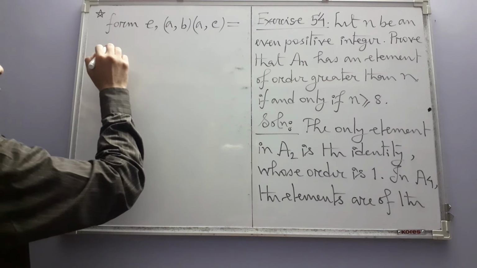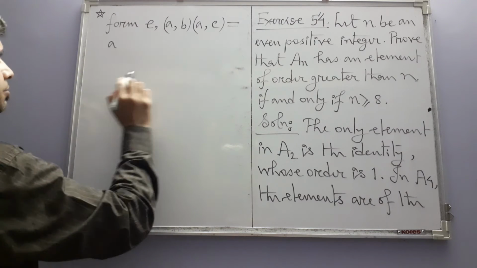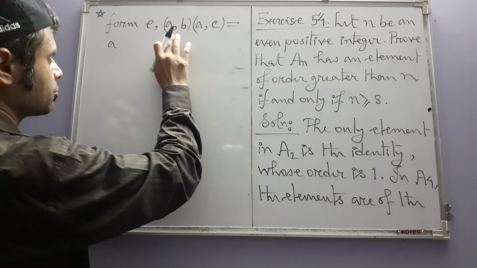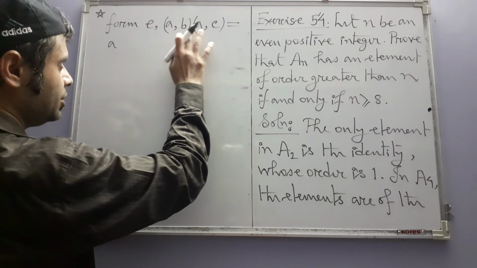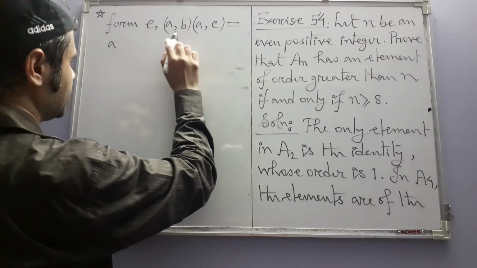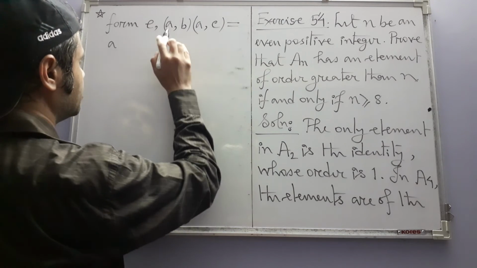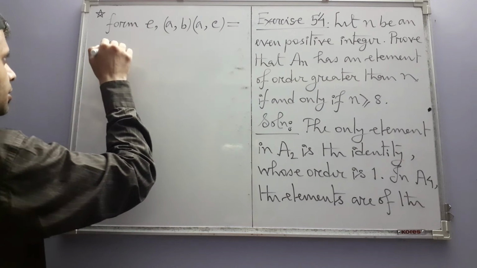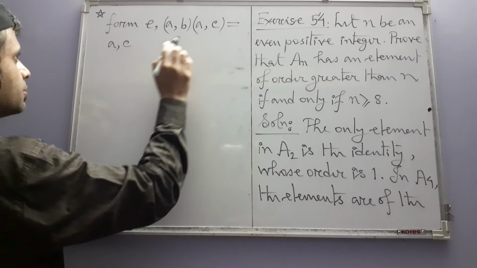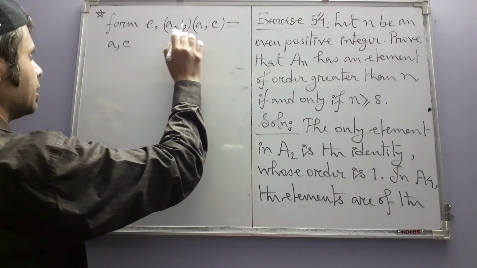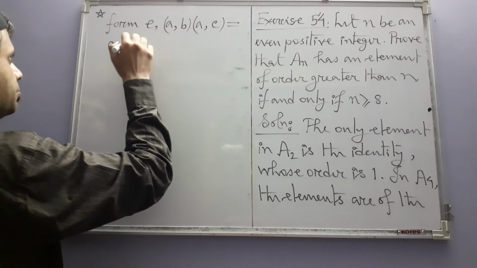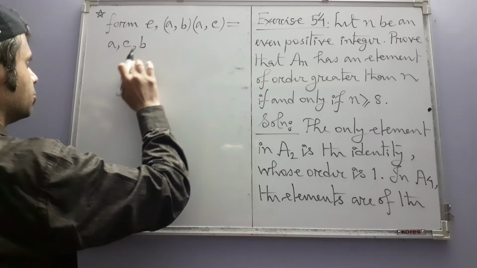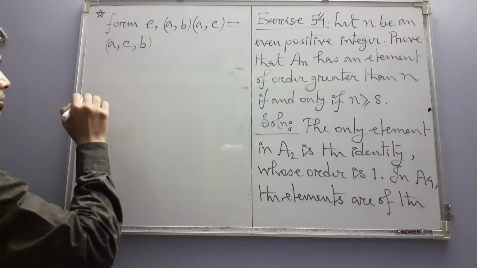Let us quickly calculate. Here we are not going to say anything more about these symbols, only that A, B and C are different symbols. So A goes to C and then C is unchanged by this, so AC, then C goes to A, and then this one sends A to B, then this one does not affect B, this one sends B back to A, so that means this is a 3 cycle.